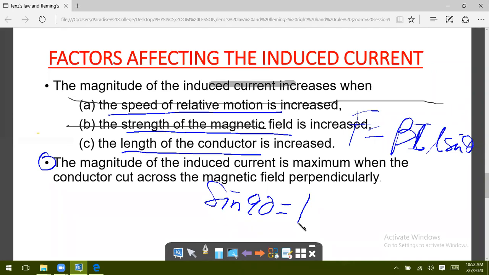So the magnitude of the induced current is maximum when the conductor cuts the magnetic field perpendicular. What does that mean? It means that it cuts the magnetic field at 90 degrees. So these are the important factors that affect the induced current.